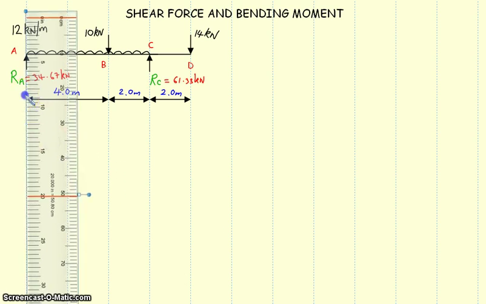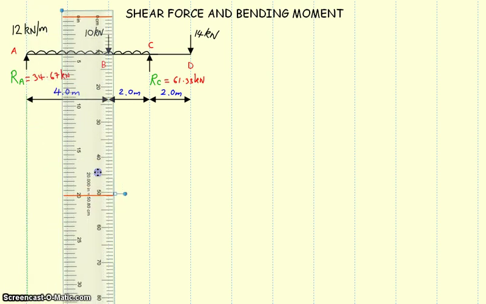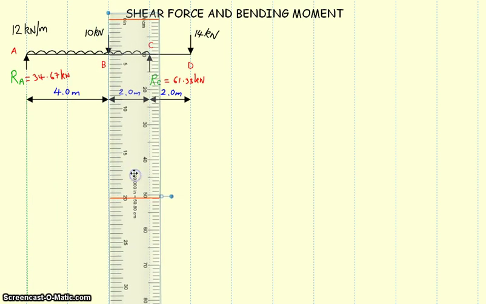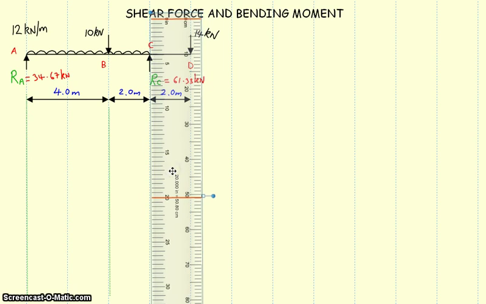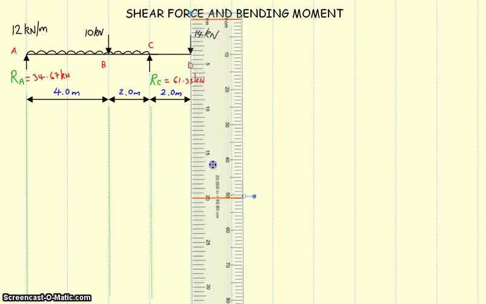So I'm just going to draw one down here at A, and I'm going to move that across to B, and I'm going to draw another one down here, across to C, and I'm going to draw another one down here, and across to here, another one slightly over down at D. Okay.